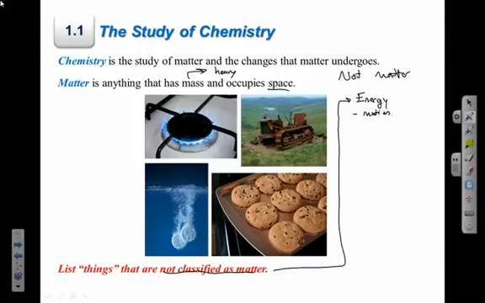Anything else you guys can think of that might not be matter? Vacuum. Yeah, emptiness. Nothing. So that's a good one. A vacuum or emptiness or nothing. Yeah, that's nothing. That's good. So we're not going to be studying nothing.